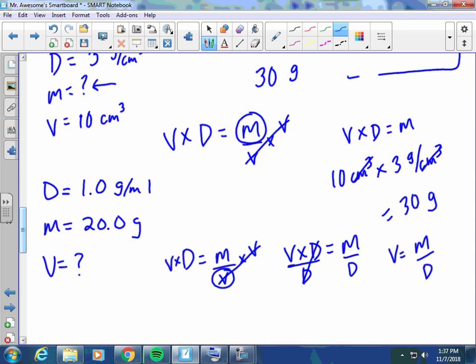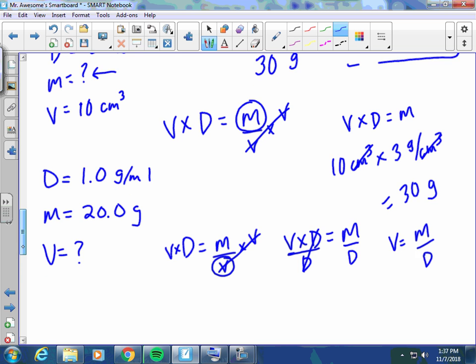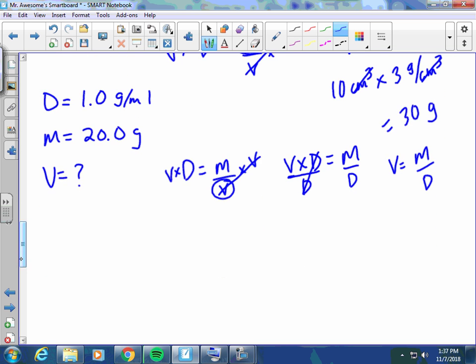All right. So all I got to do now is plug in my numbers. V equals M over D, which means I'm going to put 20.0 grams on top for the mass. I'm going to put 1.0 grams per milliliter on the bottom. What is 20 divided by 1? 20.